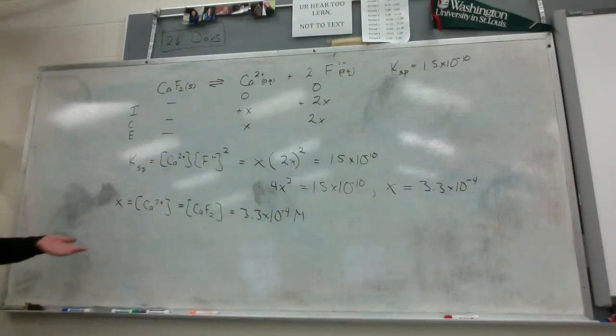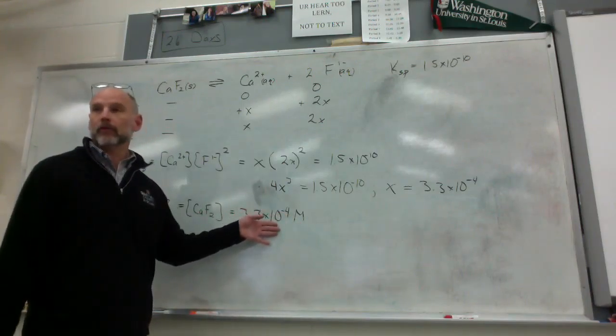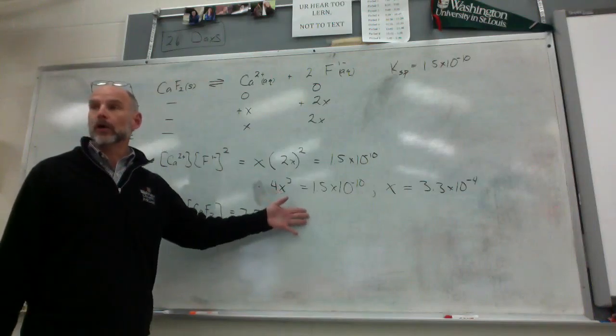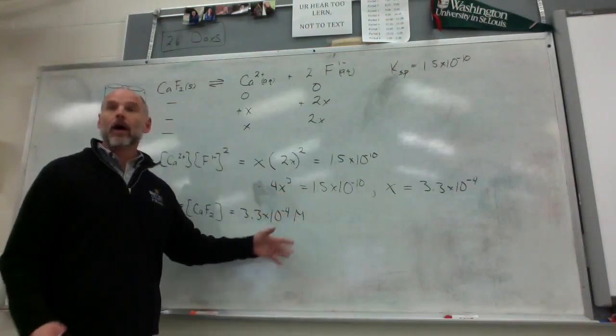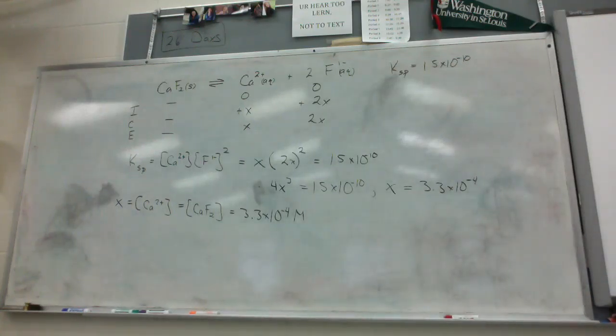Now remember, 3.3 times 10 to the negative 4th molar equals 3.3 times 10 to the negative 4th moles per liter of solution. Now, is that very concentrated? Because remember I said the second part of the question is, hey, let's calculate the solubility in grams per 100 milliliters of water.